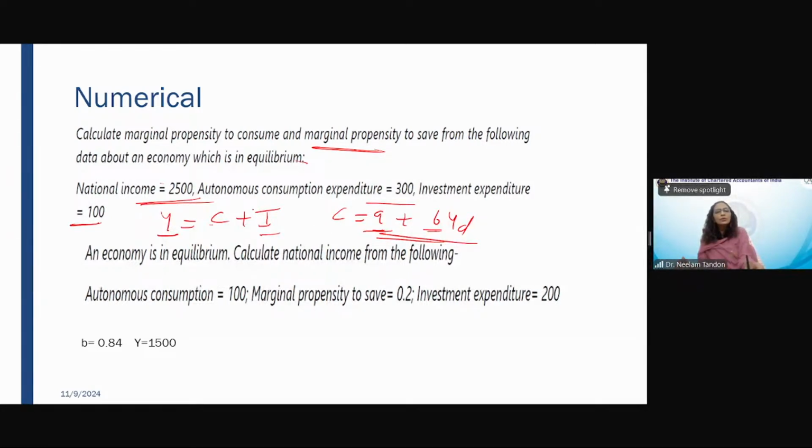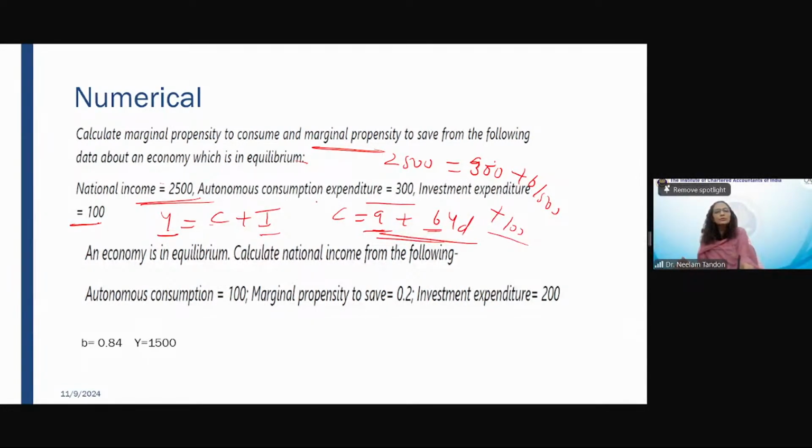So what you do, you write 2,500 is equal to A, which is 300, plus B times YD, which is 2,500, and plus I, which is 100.